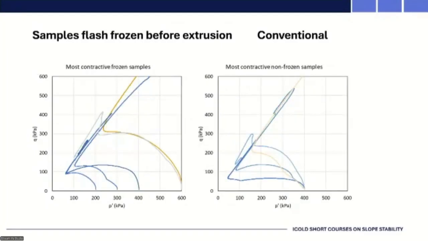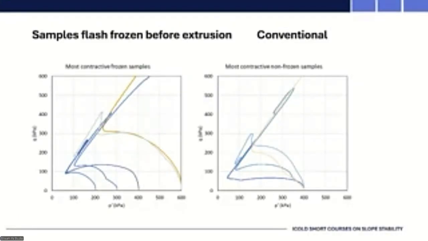But what I've done is I've taken all the samples that contracted to an apex and then went a little bit beyond. Some of them were frozen, some of them were non-frozen. And we do not see any significant difference between the two. So the one big thing that we need to answer is, do we change the properties of the soils by freezing them?